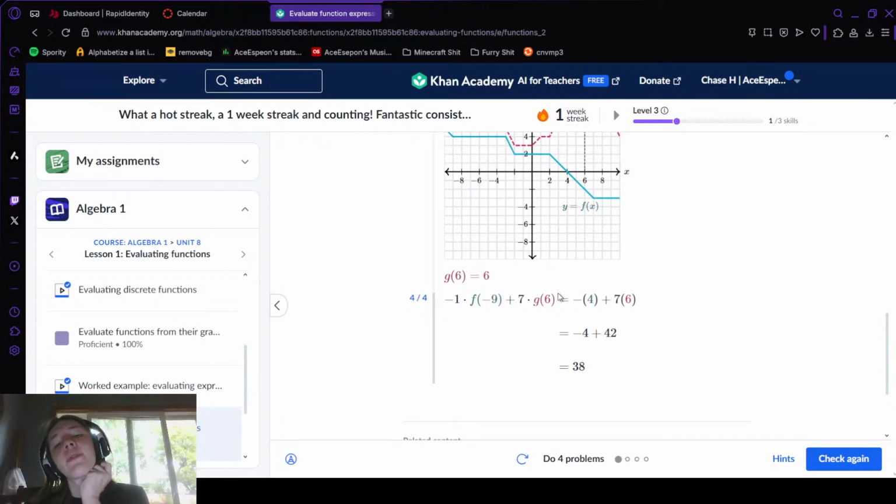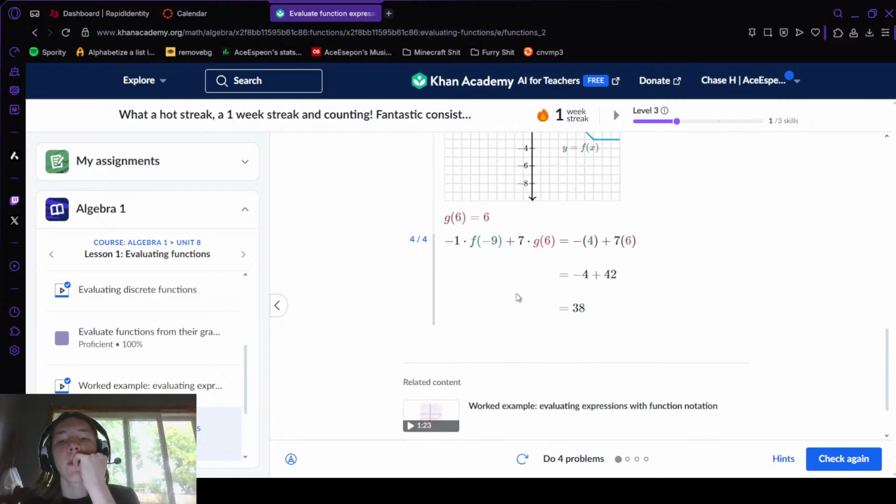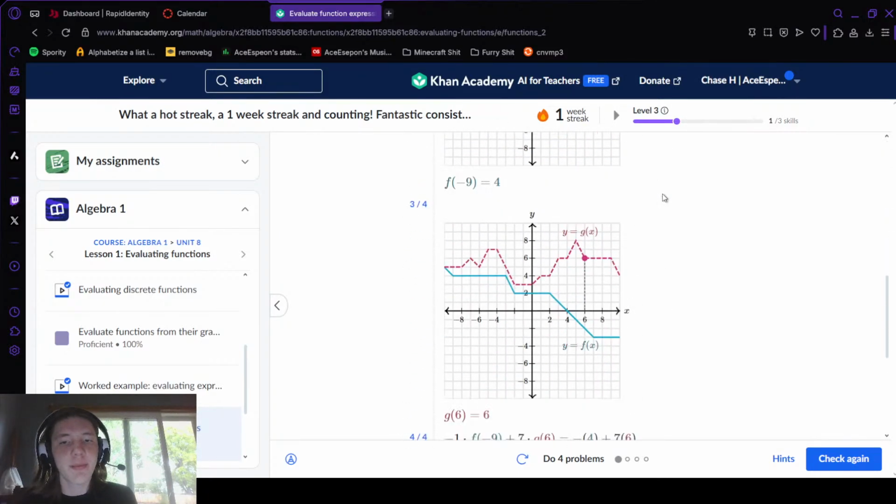So that would be F negative, okay, negative 1. F9 times F, negative 1 times F plus 7 times G. G6.